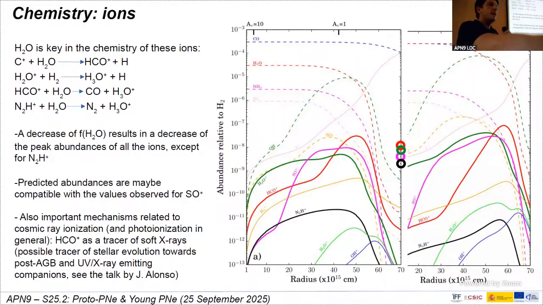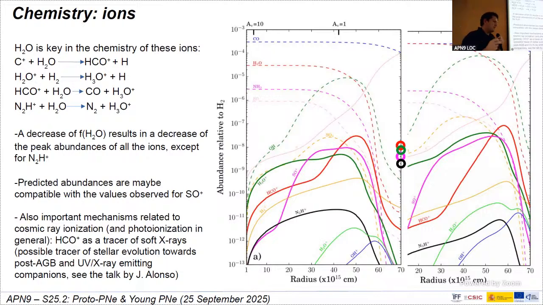If you see on the right side of the chart, these symbols represent the observed abundances. For SO+, they could reproduce the observed abundances. For the rest, it's okay, but the problem is also that there is a ratio between what we see analyzing the different velocity components, the emission from the central component and the outflow. The ratios don't match. So the chemical kinetic models are also not reproducing the rest of the abundances.